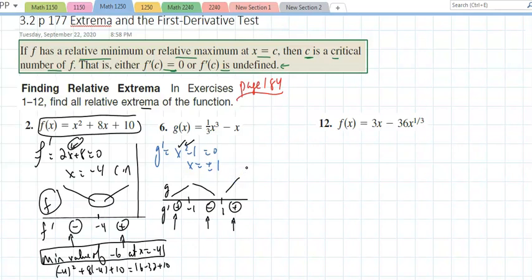What does that mean? That means we call those local, a relative maximum, relative minimum.